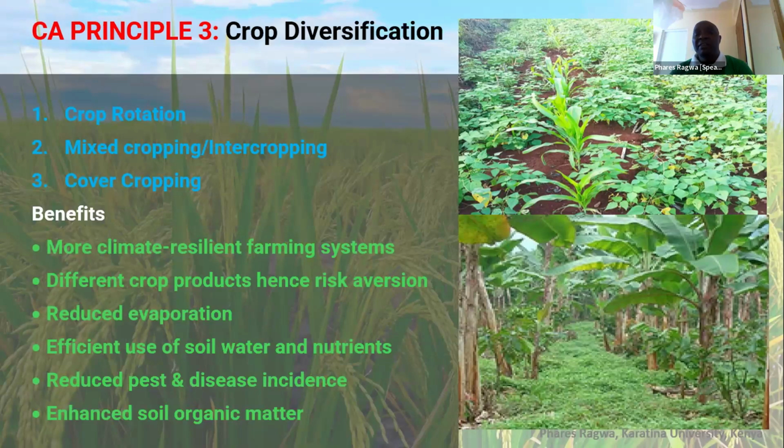You have bananas, you have cassava, you have maize, you have beans, and the more to the farmer, the better. Then, of course, we have reduced the water loss from the soil. We conserve more water in the soil. We ensure efficient nutrient use, because when you have a variety of crops, these ones have different nutrient requirements, and therefore whatever nutrients are in the soil, they are used more efficiently by the different species of the crops.